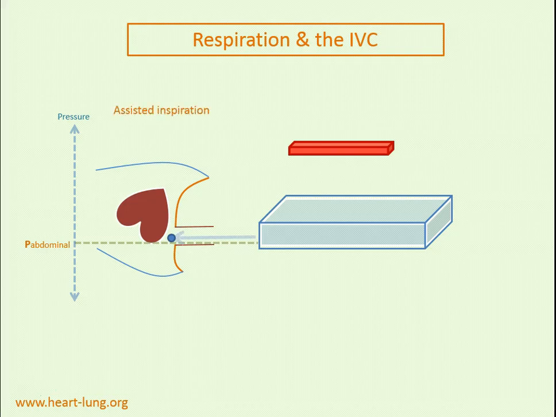Now, what happens during an assisted inspiration? This is incredibly common in the ICU, but it also applies to patients who are on high flow oxygen, CPAP, BiPAP. They're receiving positive pressure, but they are also alert enough to trigger a breath. As the breath is triggered, there'll be initially a negative deflection followed by a positive deflection.